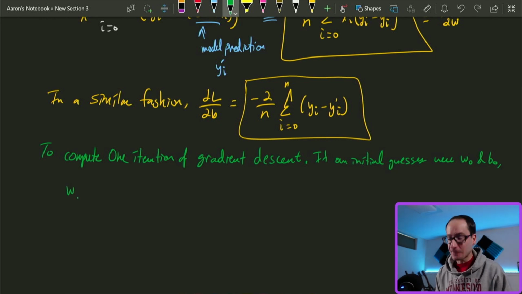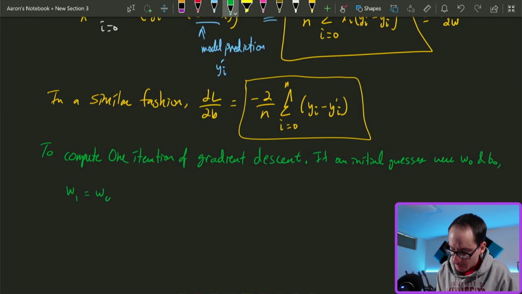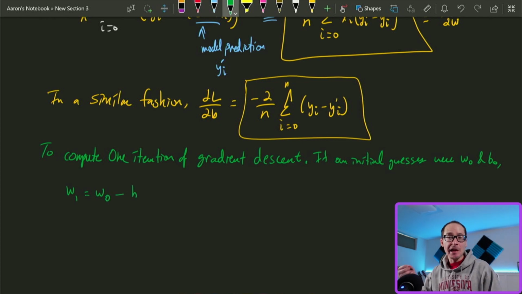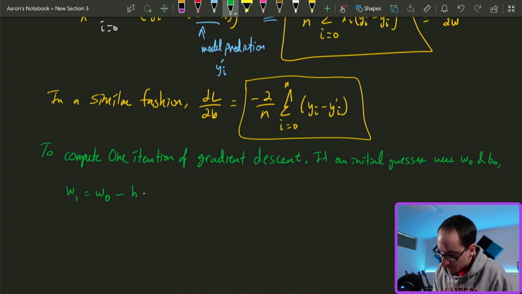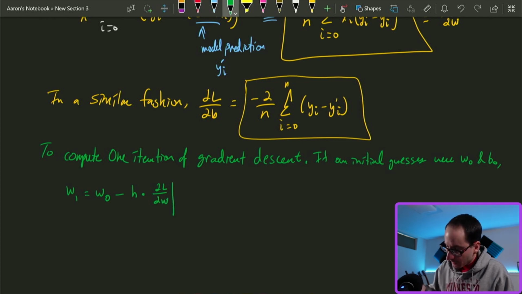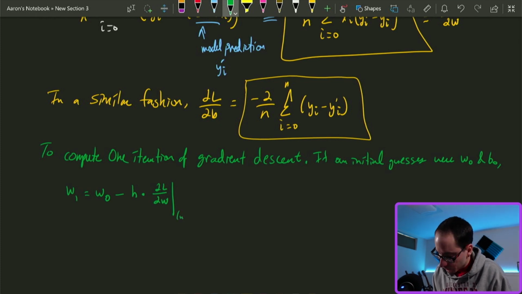My next guess for W would be my initial guess minus some step size h, because we talked about that step size at the start. You don't want to overshoot, go back and forth. So that's just going to scale down our partial derivative of our loss function with respect to W, evaluated at the initial point using the values for W0 and B0, right?